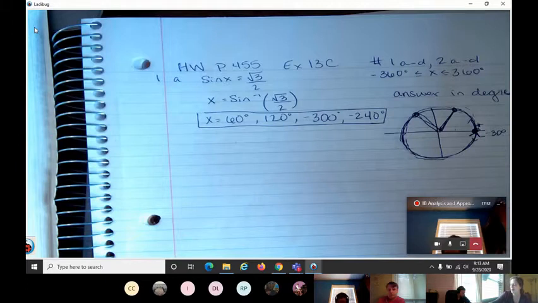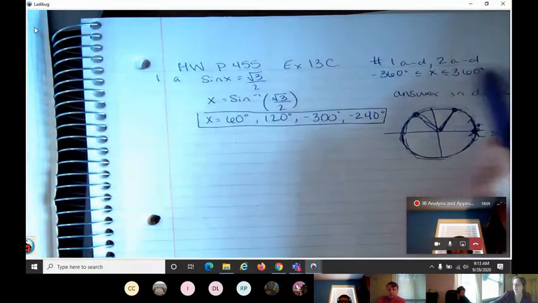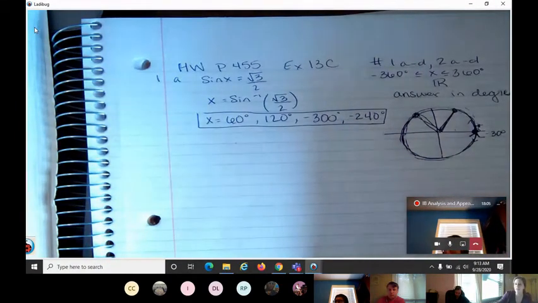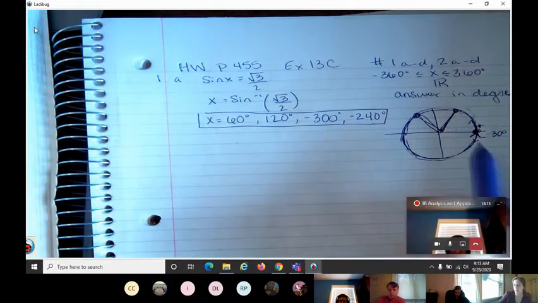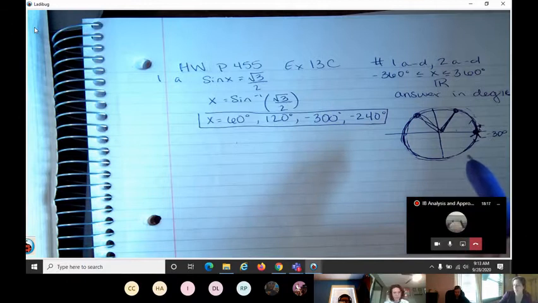Great. So if we did not have a domain, if the domain for some reason was all real numbers, how many solutions will we have? I'll open this up to anybody. So if we could have any angle measure. It would just be infinite because you can keep adding 360. Good.